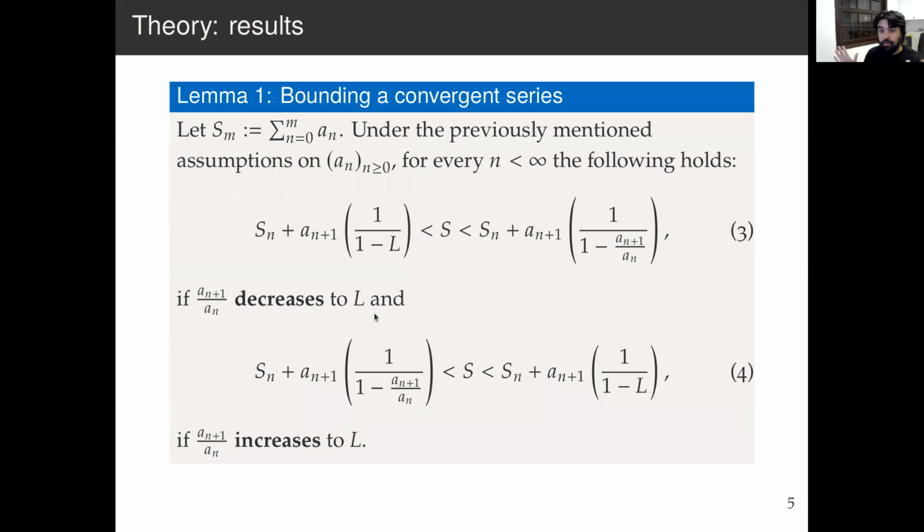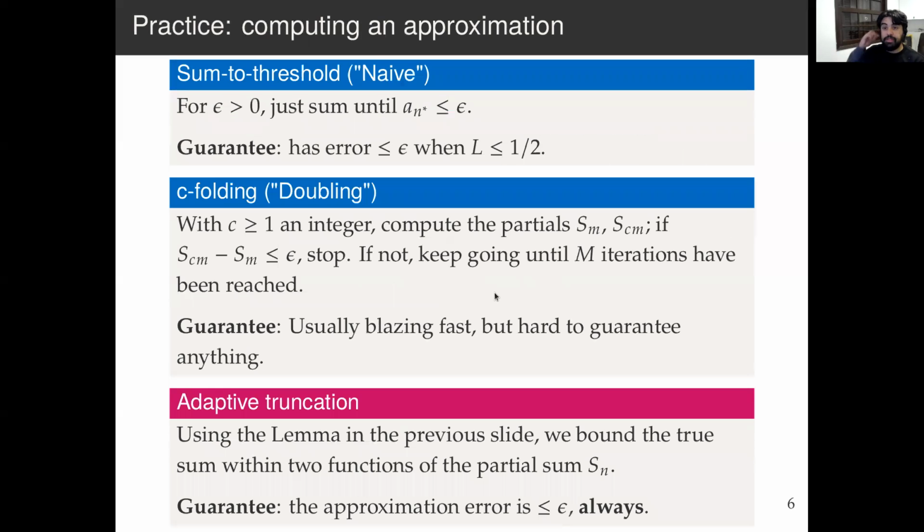I'm not going to read this result in detail, but the point is that with a little bit of theory, you can bound the true value S of your sum between two functions of partial sums. And we're going to use that theory to motivate a particular technique.